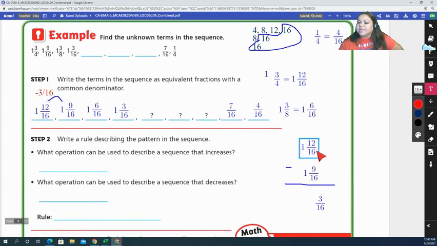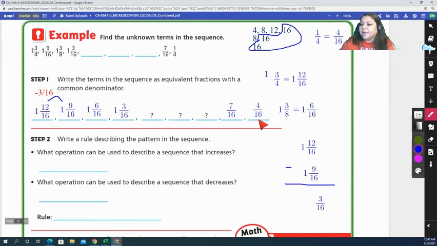Now I'm going to do this again with the next term. I'm going to subtract 1 and 9/16 minus 1 and 6/16. Now, this one we can actually do in our head, because remember, we're subtracting only the numerators. Denominators stay the same. So I just go 9/16 minus 6/16.